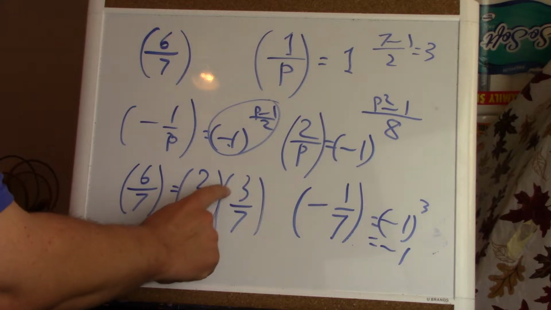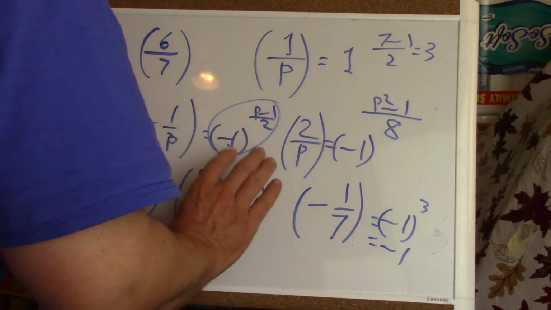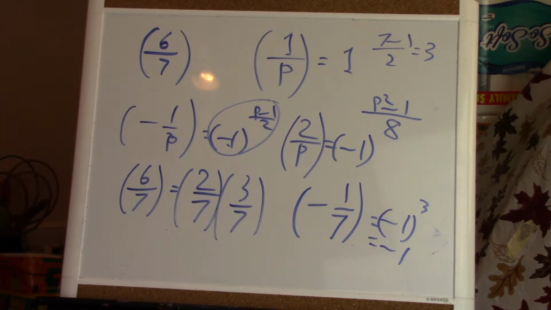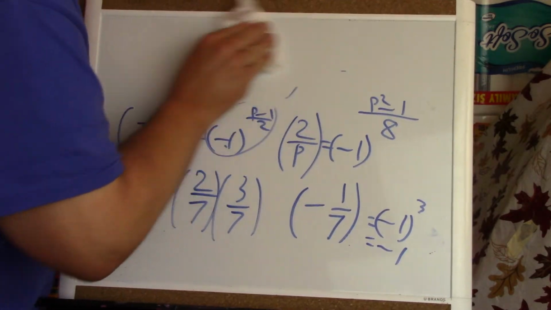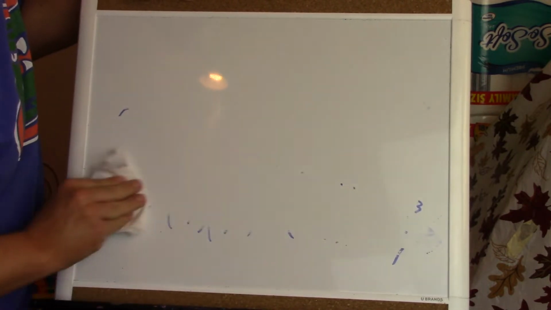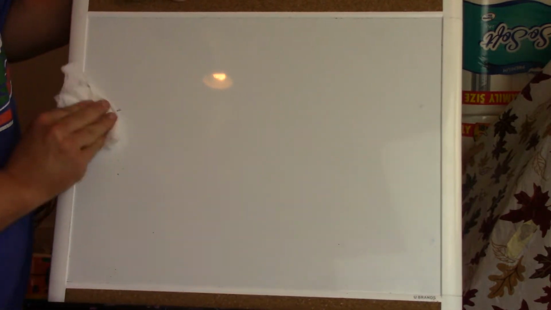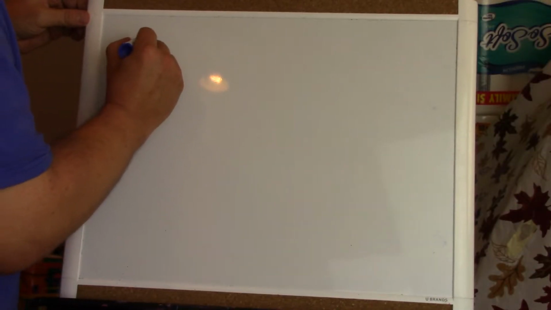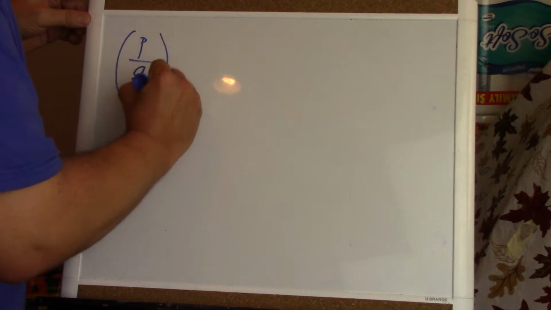Now, to solve this, we're going to need something else, which is really at the heart of number theory, and I think one of the most fun parts of the course that I'm taking: the quadratic reciprocity equation.